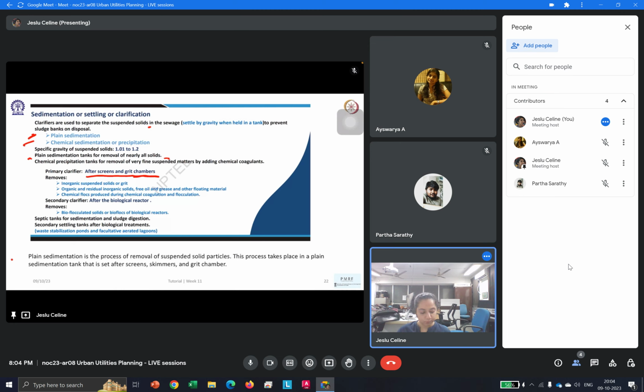The process takes place in a plain sedimentation tank, which is set after the screen and the grit chamber. We have seen in the process diagram that after the main screening, we have the plain sedimentation tank.